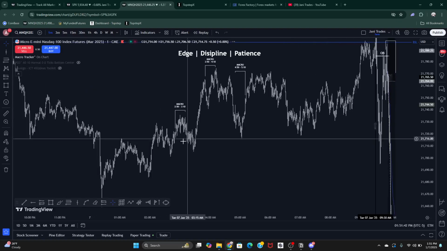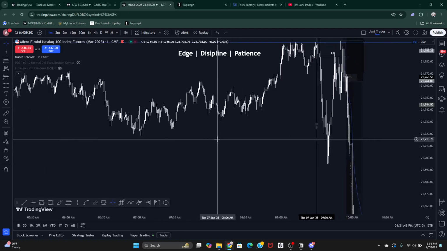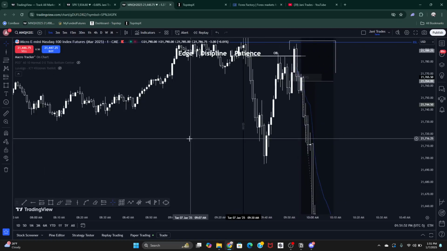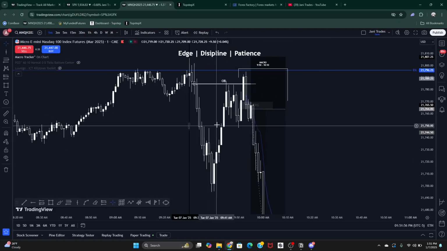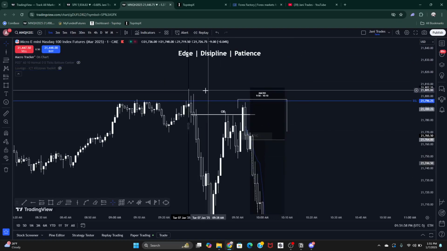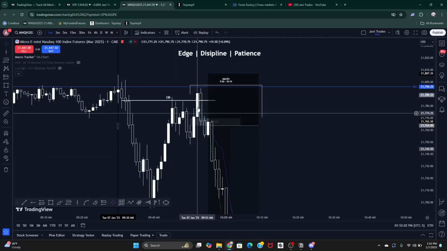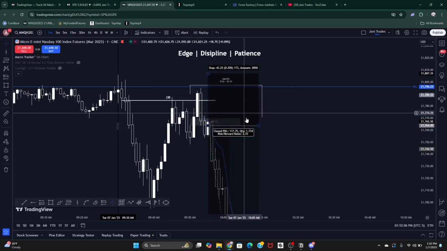I think this is in London session, I would say, or around that range or before London session. But that swept, and I thought it was going to retrace higher and break this. So we waited for a displacement range in between this right here.